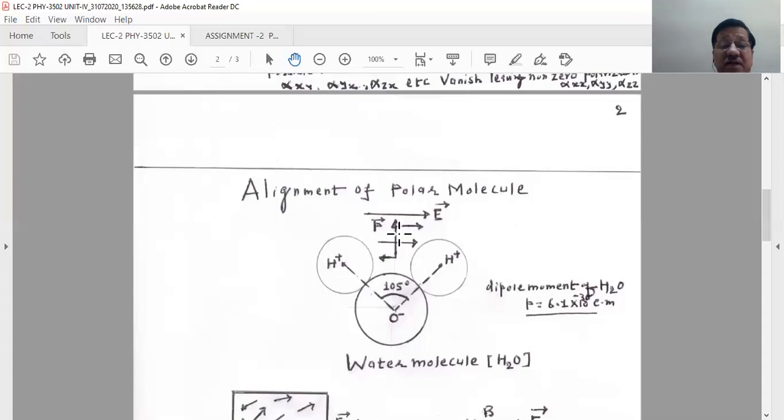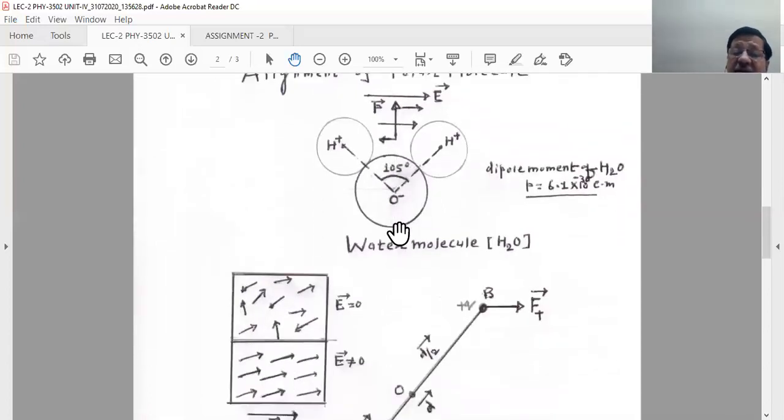This is what we want to understand, and we will write down certain math equations that describe that the molecule possesses the torque, and because of this torque there is a rotation, and because of this rotation your vector P, the induced dipole moment P, will align along the field direction, parallel to the applied electric field. To understand this concept, let us take a very simple example.